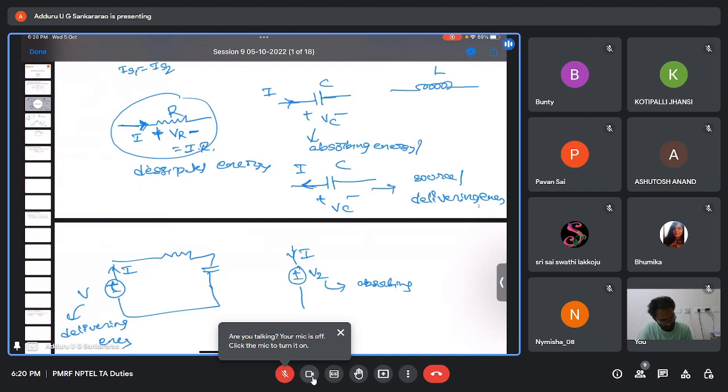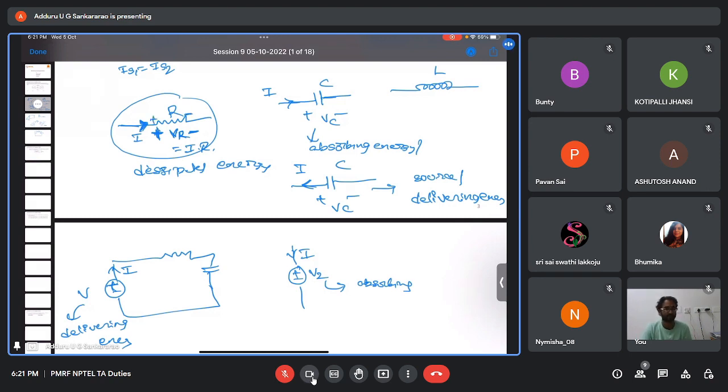Let us say current is going through a resistor like this. The voltage developed across this is, let us say, VR. Then plus is where the current is entering, minus is where the current is leaving. That is always true for resistor, but in a capacitor and inductor, depending on whether it is absorbing energy or delivering energy, the polarities will change.